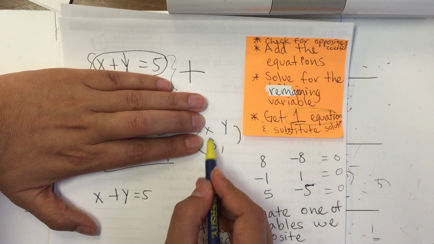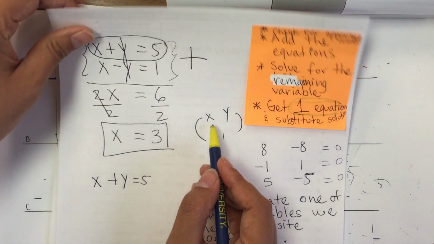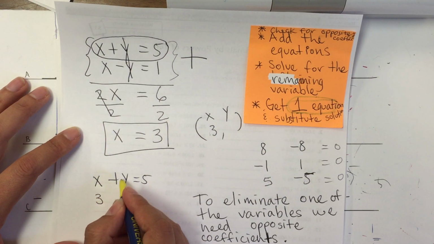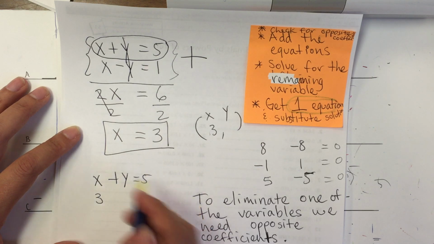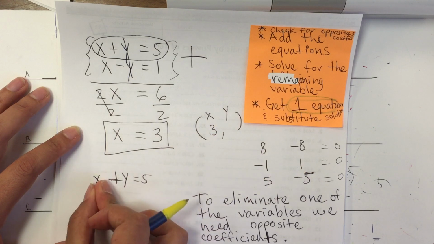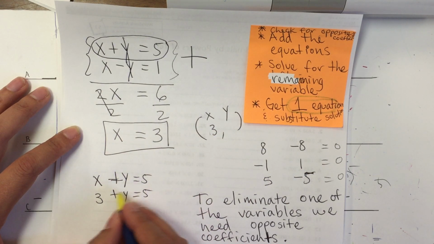Then you look at the value of x that you found before, and you replace that in here. The rest stays the same. You're just substituting that value. And you start solving.